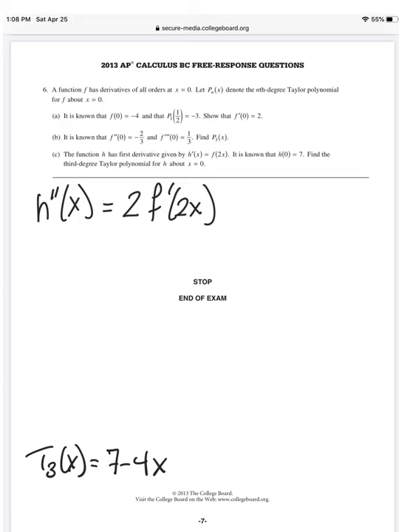So now I did the second derivative. It's going to be 2 times the derivative of f of 2x, right?